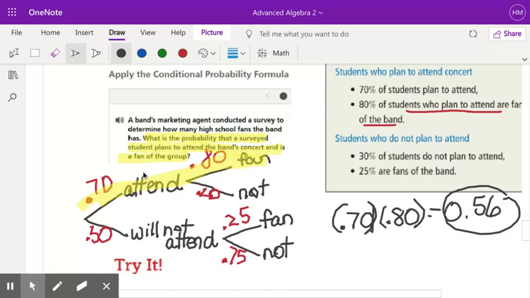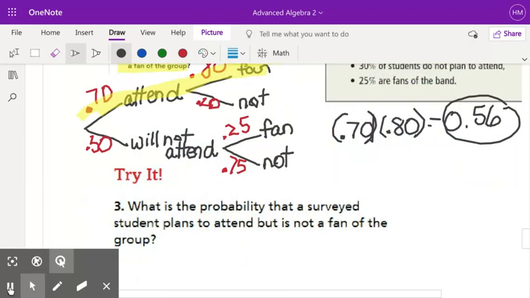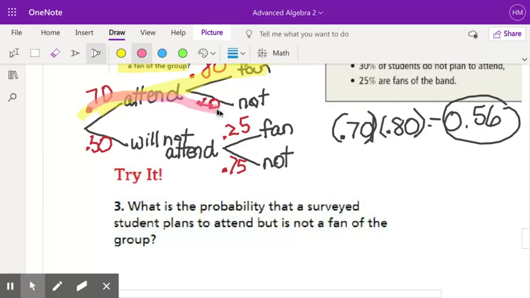Okay, so then this next question: what's the probability that a surveyed student plans to attend but is not a fan of the group? So then I can look at this and be like, okay, plans to attend but is not a fan. Maybe they're just going to hang out with their friends.